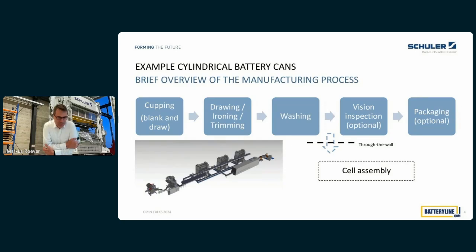For prismatic cans, it looks very similar. You also have this deep draw process at the beginning, or an impact extrusion process, where you have the impact extrusion press in the first step, but then you also have some ironing and trimming operations and the washing as well.